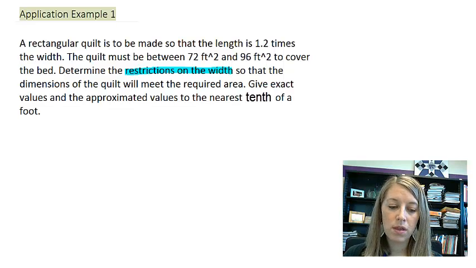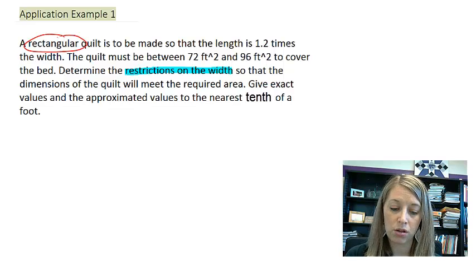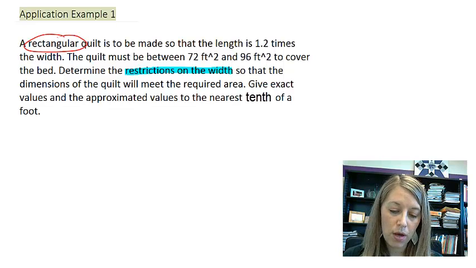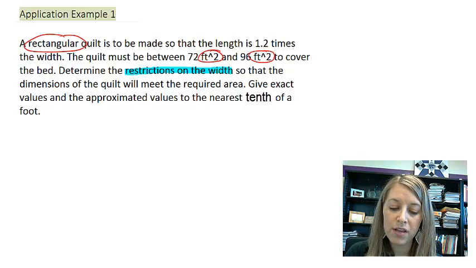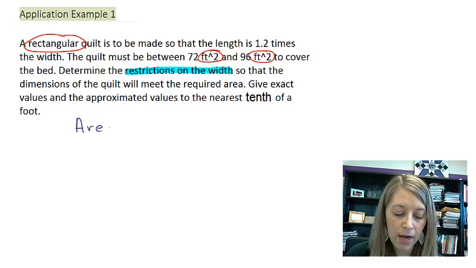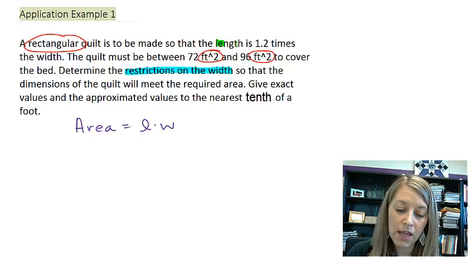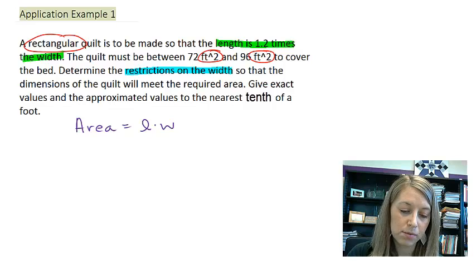Okay. So the key parts to this problem, as I said before, it's rectangular. We want to talk about the area here since we're talking about feet squared. So we know that we're going to be talking about area of a rectangular region. Well, that is just going to be length times width. We also know that the length is 1.2 times the width.